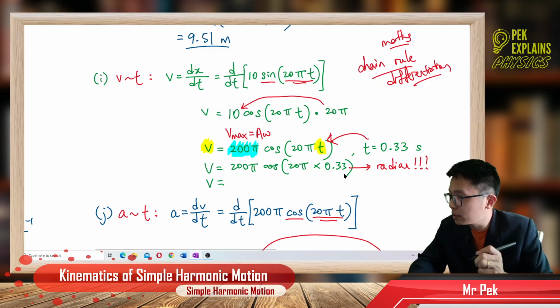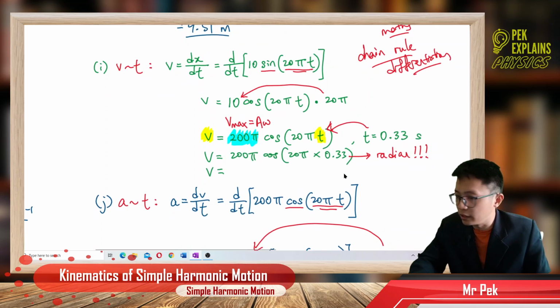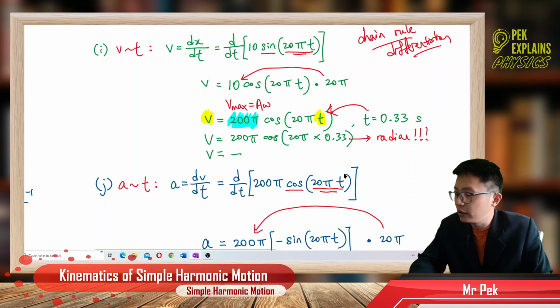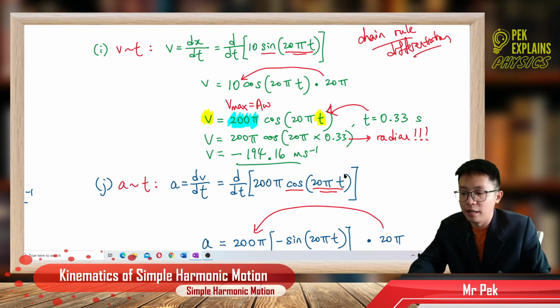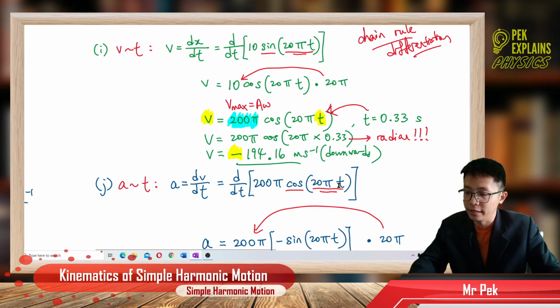So your velocity is negative 194.16 meter per second. What does the negative sign here mean? The negative sign of velocity means the direction is downwards. The negative is very important. It shows the direction downward.